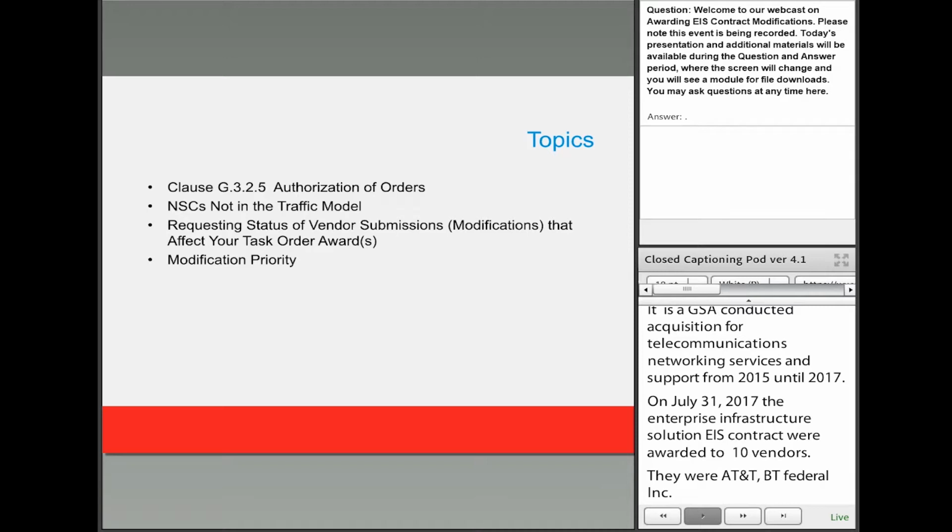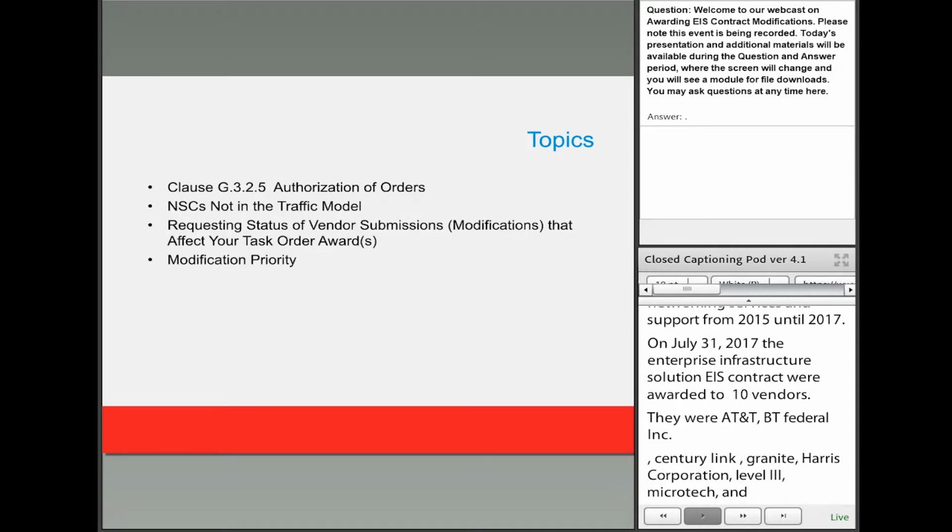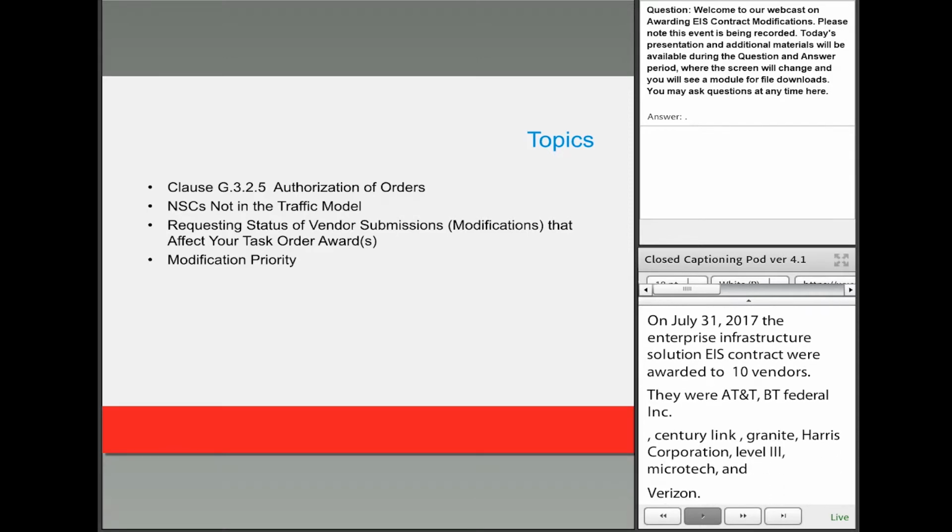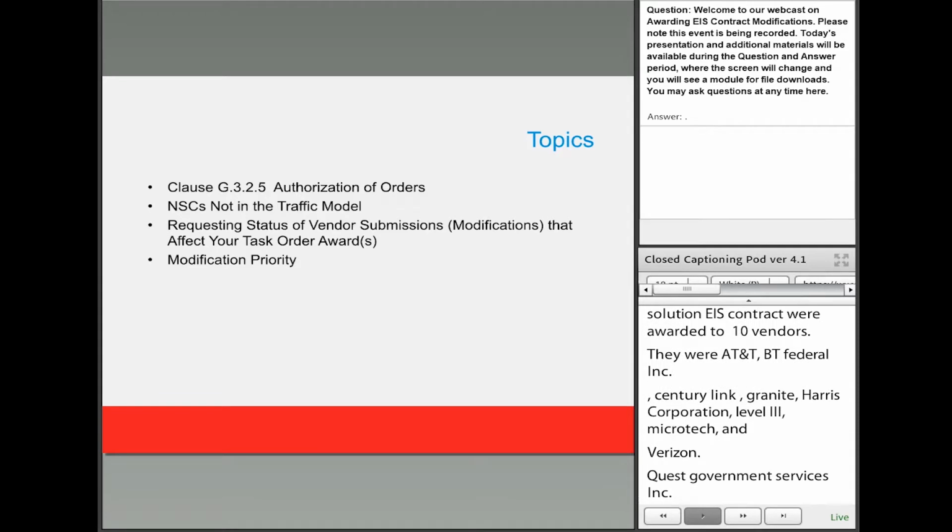Quest Government Services, Inc., doing business as CenturyLink QGS, acquired Level 3 after the EIS contract was awarded, and CenturyLink decided to keep Level 3's contract and change the name and have their original contract terminated by the government.